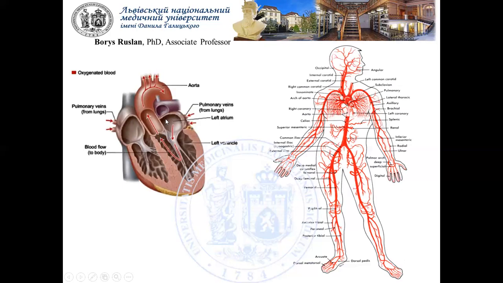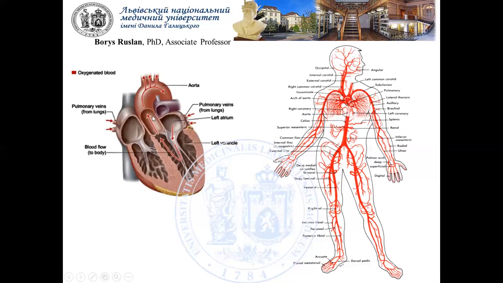From the right ventricle starts the small circle, the lung circle, through the pulmonary trunk. The pulmonary trunk is an artery, but it contains which blood? Venous blood. It's the one place in the whole body where arteries contain venous blood.